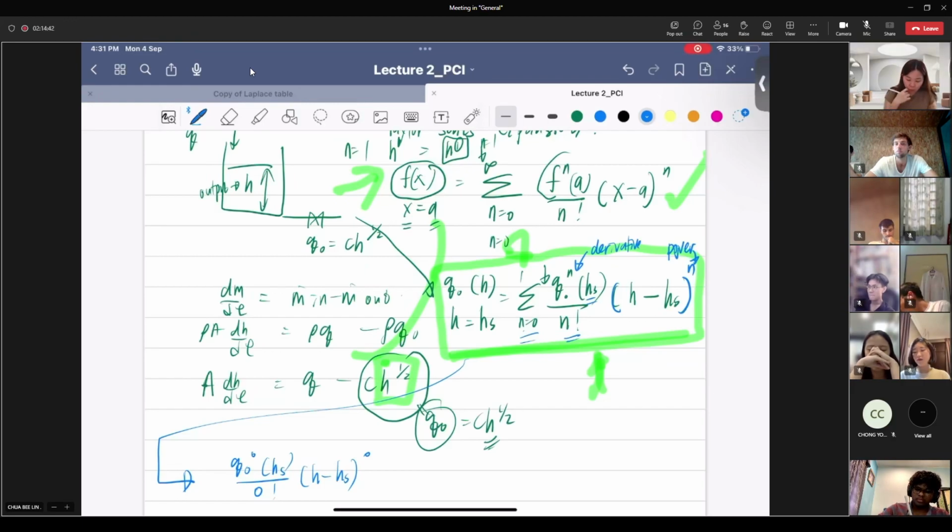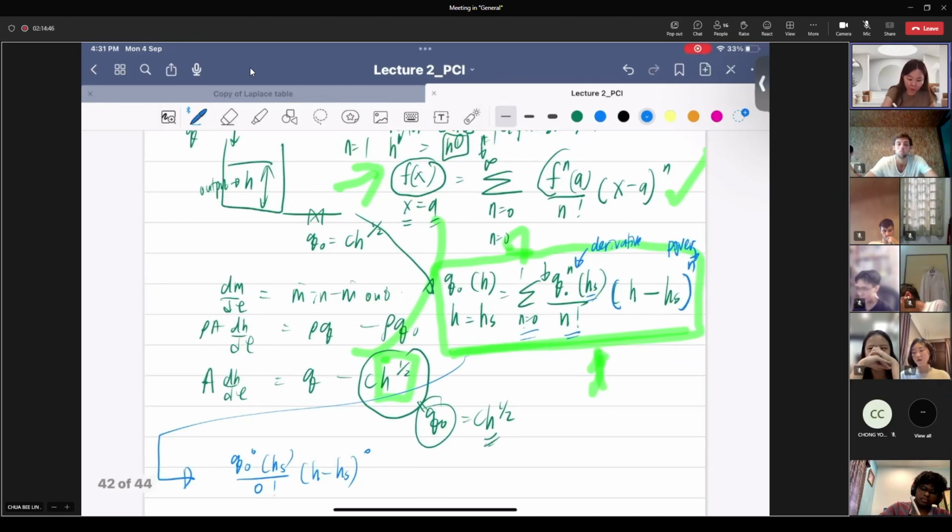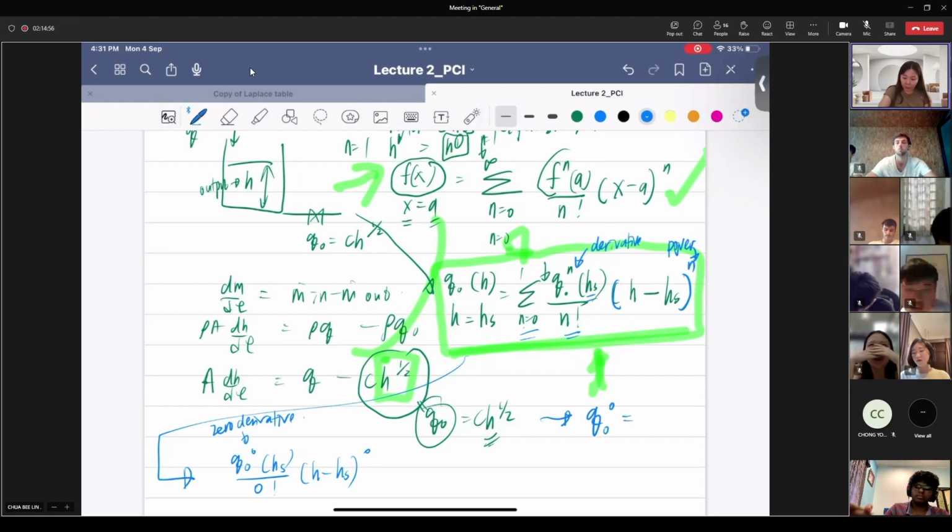Okay. So what is Q0 derivative? Zero derivative means Q0, exactly the one like C h^(1/2). So this means the zero-order derivative. You will follow exactly the one given to you.